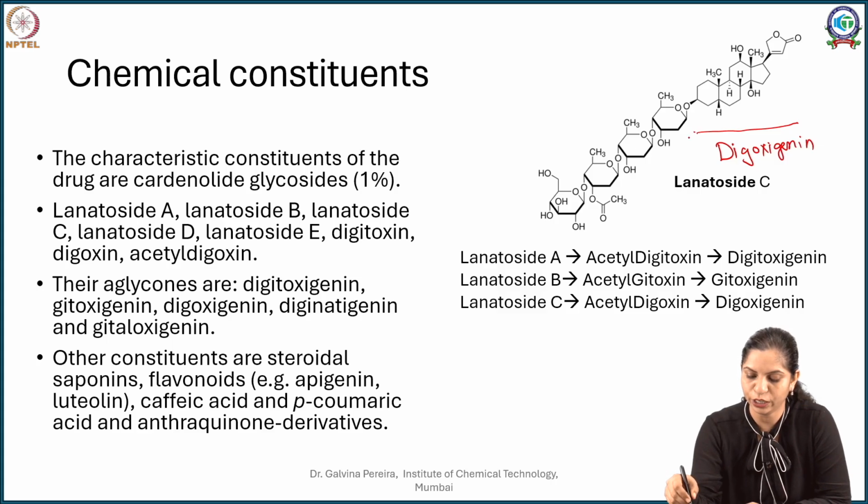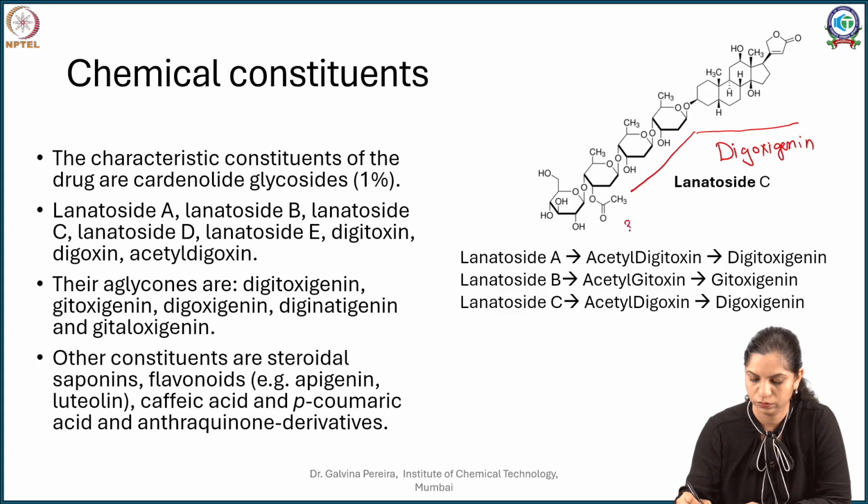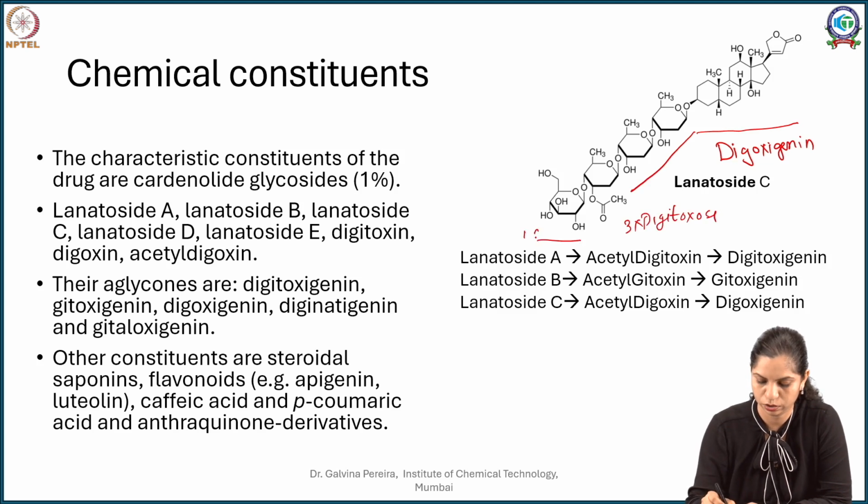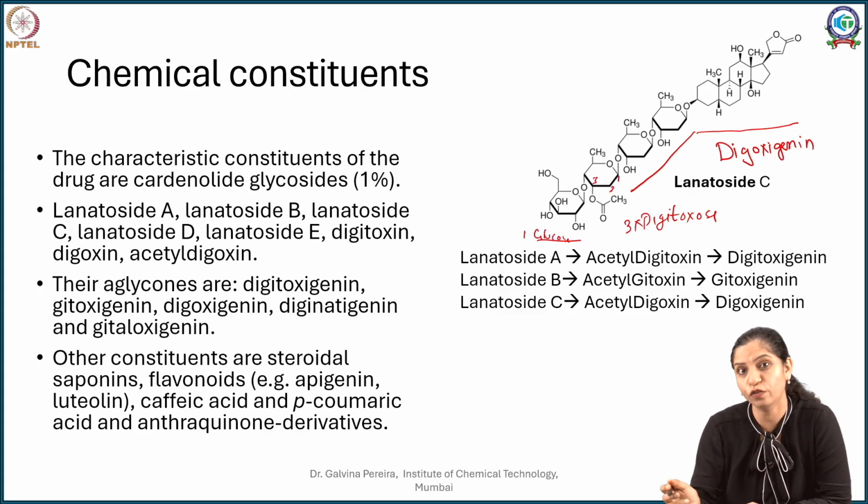Apart from that, you have 3 sugars which are digitoxose, and 1 sugar which is a glucose. But at the third position, so this is like 1st, 2nd and 3rd, at the third position of the third digitoxose sugar, you will see an acetyl substitution.